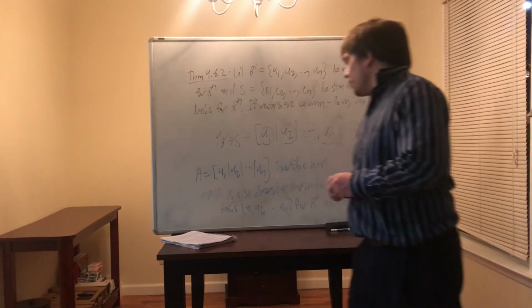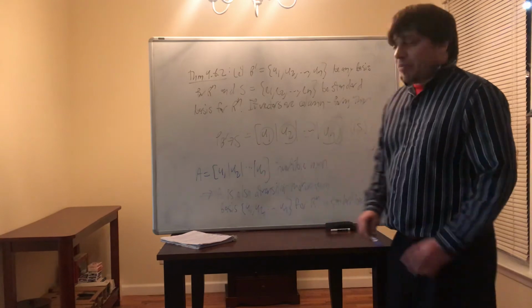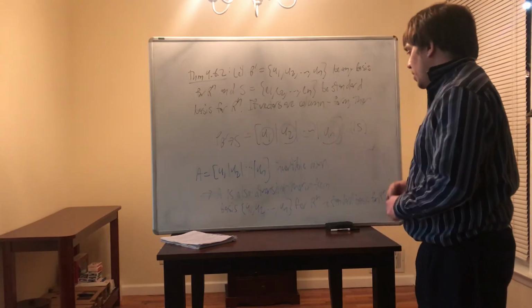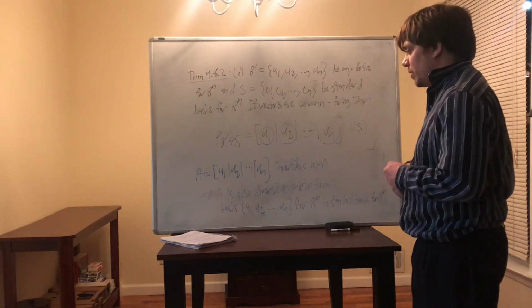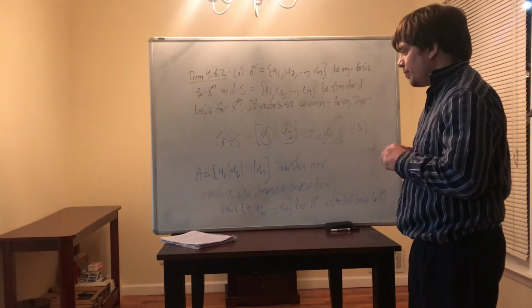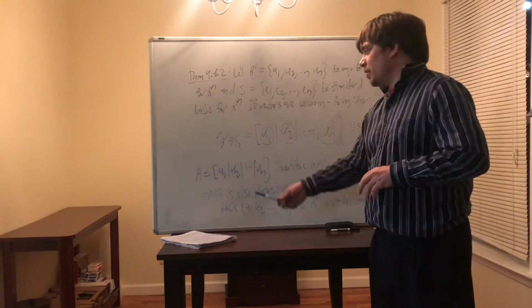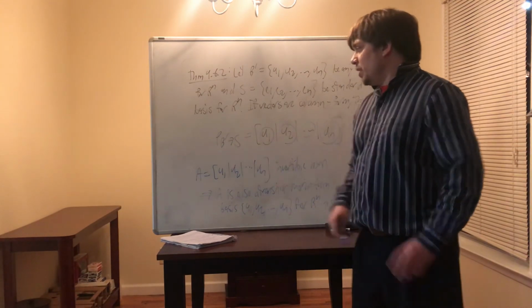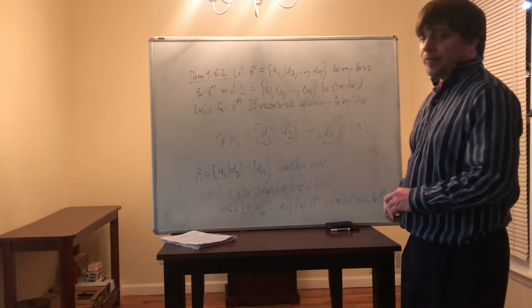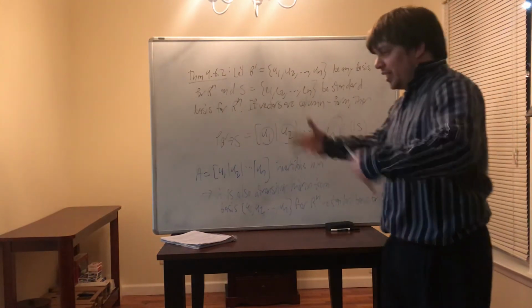Okay? So if A is this matrix, and it's invertible and n by n, then A is also a transition matrix from this basis for Rn to the standard basis for Rn. And that's from here, because this matrix is equal to the transition matrix from a basis for Rn to the standard basis.